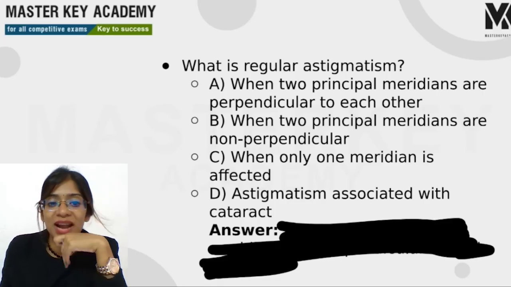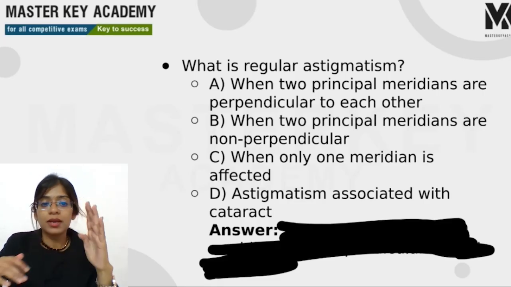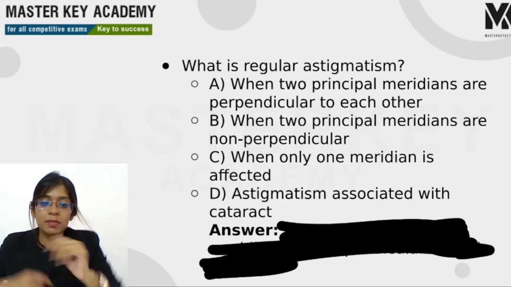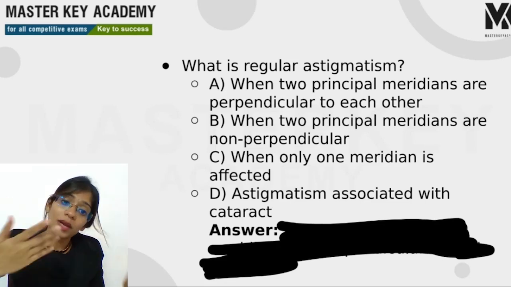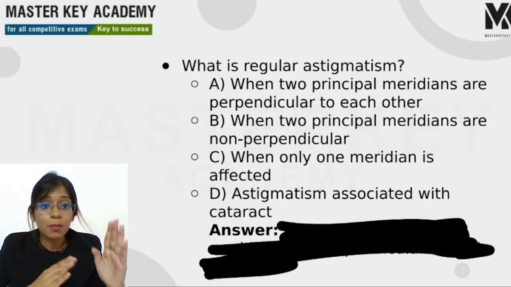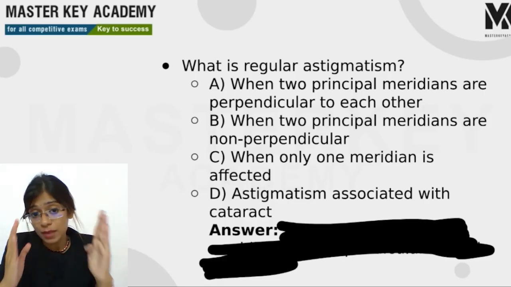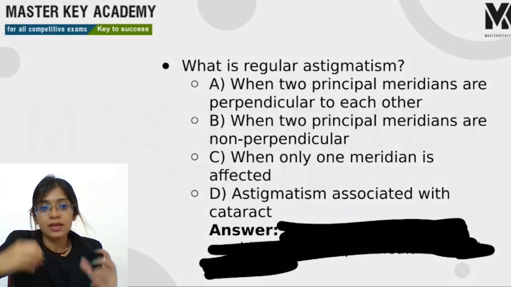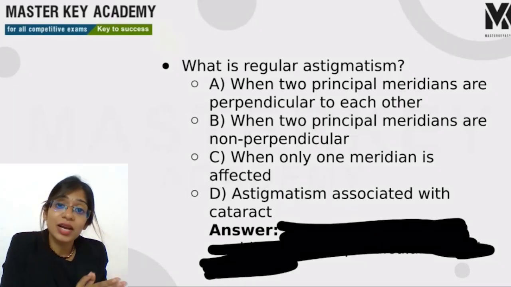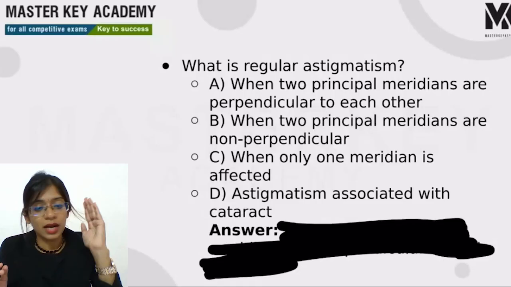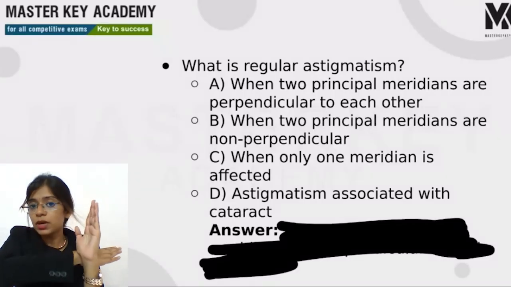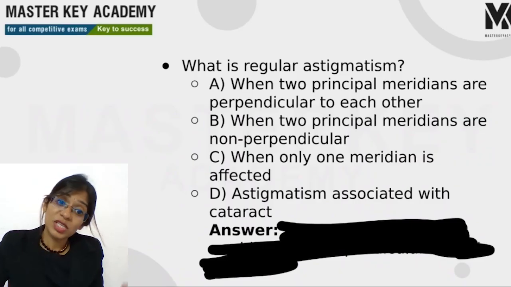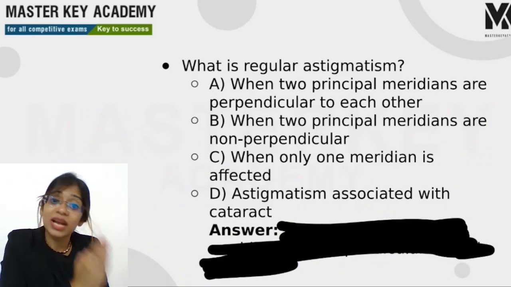See, what I taught here was about two meridians: one horizontal meridian, the other vertical meridian. We also have oblique meridians. So when we are talking about meridians which are perpendicular to each other, like the vertical and horizontal, and the refractive error happening with respect to those two meridians, that is called regular astigmatism.